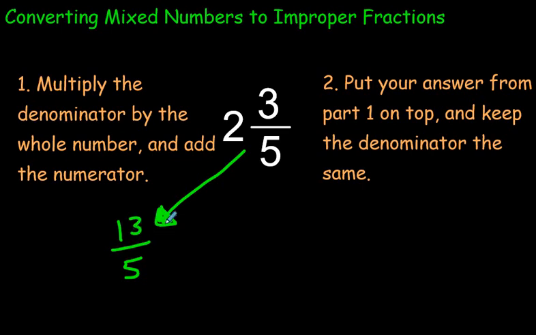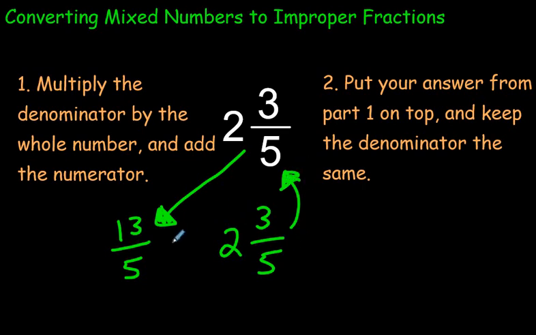That's too big. So you say, okay, 5 times 2, this has to stay the same, right? 5 times 2 is 10. How many more do we need to add to 10 to get to 13? 3. And then we're back to the mixed number.